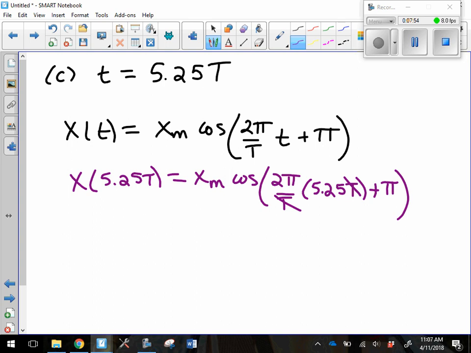Again, my capital T's cancel. So I get xm cosine 10.5 pi plus pi. And what's that going to be? What's the cosine of 11.5 pi? 0.